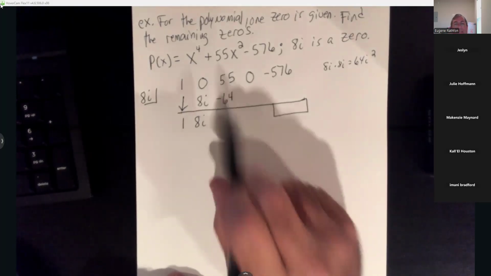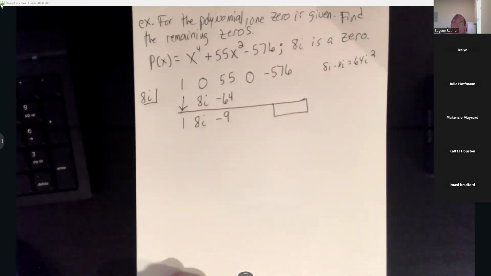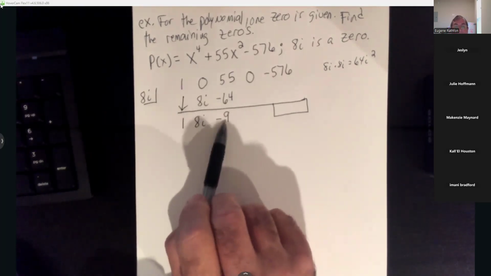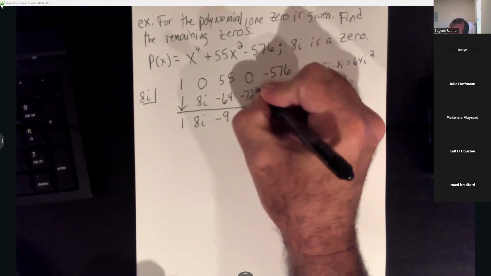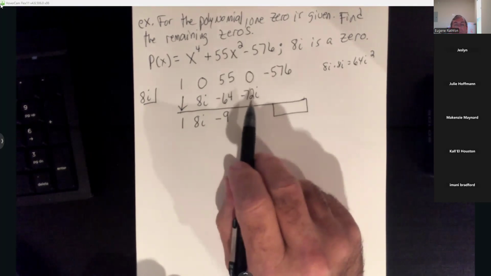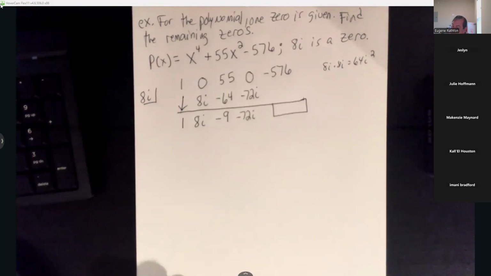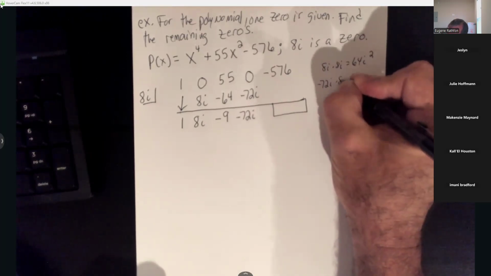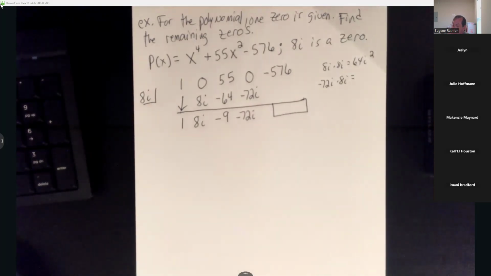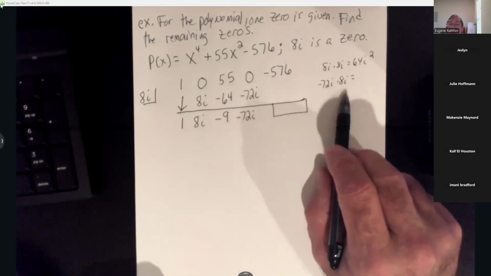Negative 64 and 55. That's going to give me what? A negative 9. All right, y'all, here we go. Negative 9 times 8i is a negative 72i. 0 plus negative 72i is a negative 72i. All right, so now we got negative 72i times 8i. So y'all, let's multiply that.